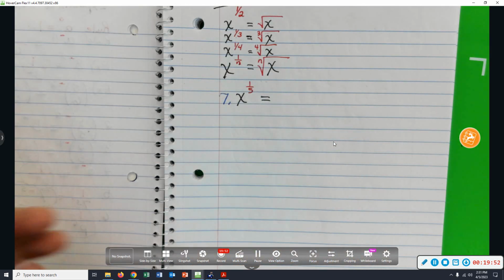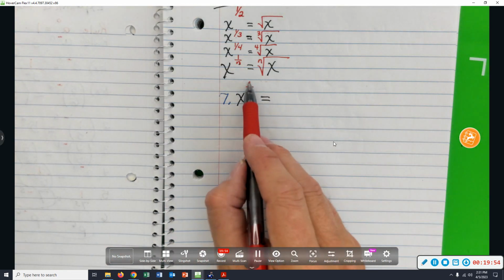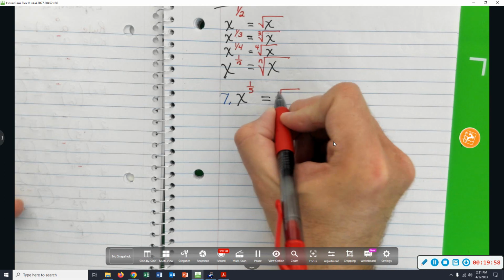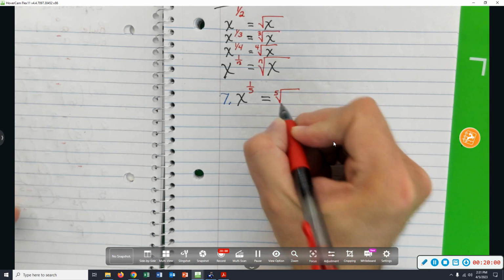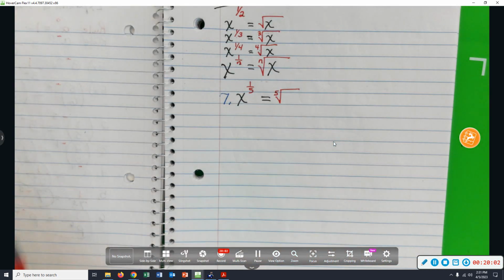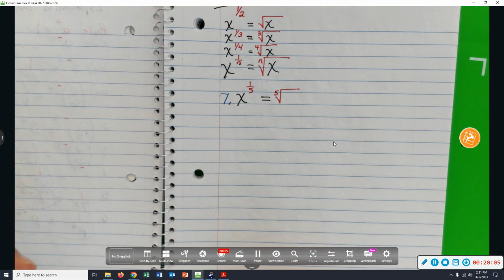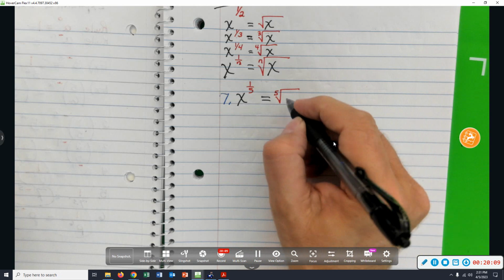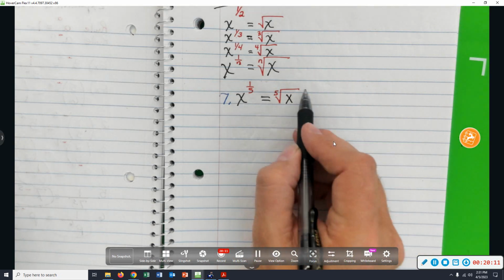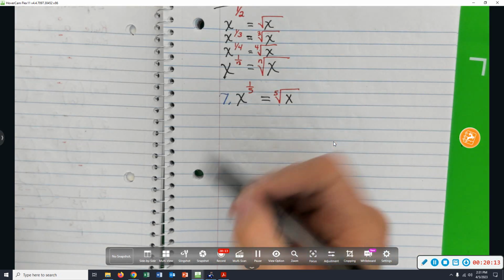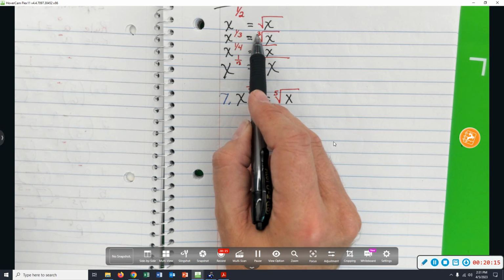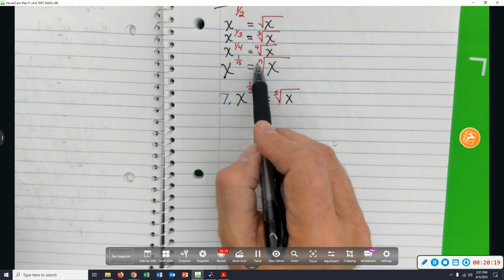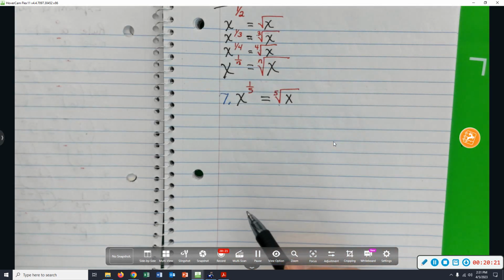In place of this little 1/5 exponent, you write the little funny symbol, which is called a radical symbol, and put a 5 right there. You read it as fifth root of x. Cube or third root of x. Fourth root of x. Nth root of x.